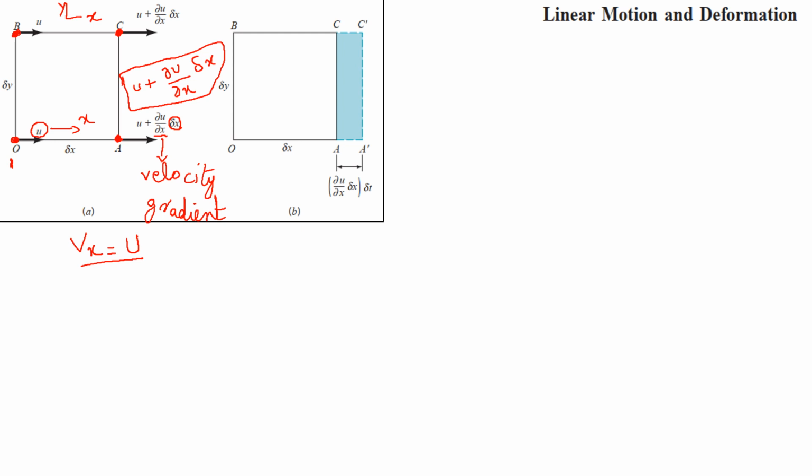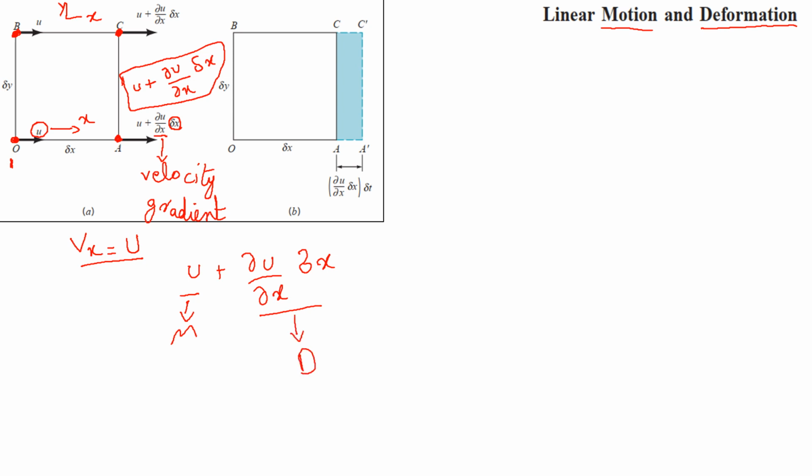And from that total change, we can also see our change in volume that is going to occur, because as you remember, we are talking about motion and deformation. So this term here, this u plus partial u over partial x delta x, represents motion and deformation. So this is the motion, just to be clear, and this is the deformation.